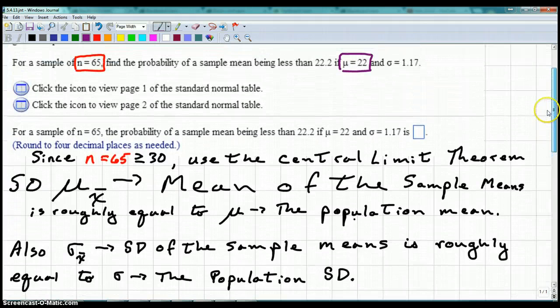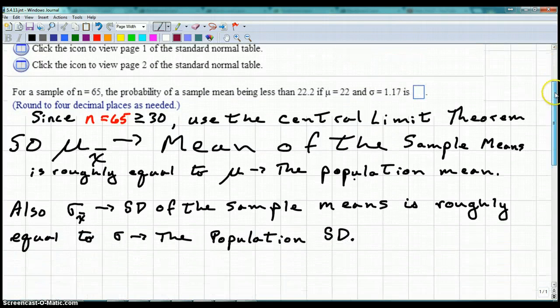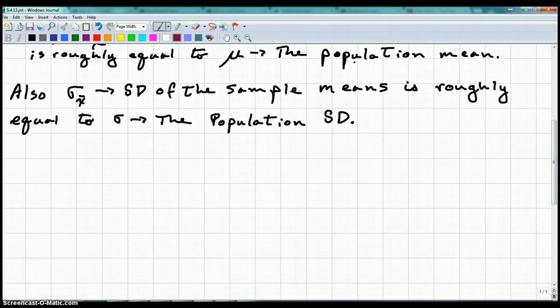So that means that I'll be comparing that to sigma equals 1.17. We already know that our sample size is 65. So what we're going to do is go ahead and find the standard deviation for this particular layout.